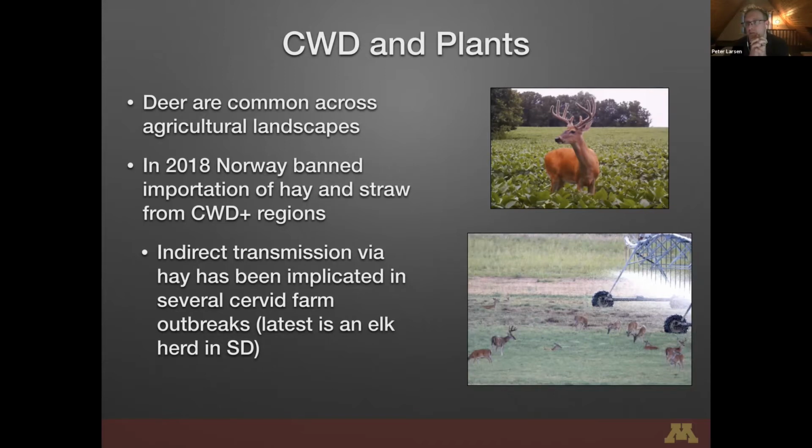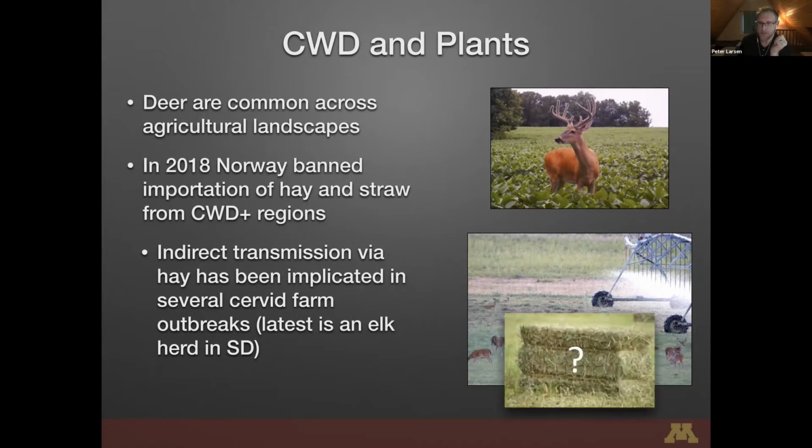from alfalfa. So that's a big question: if you have a CWD positive herd in the landscape and they're putting out prions into the environment, let's say this is happening on an alfalfa field. I grew up on a farm, and I can tell you that first cut of alfalfa, that's pretty rough.